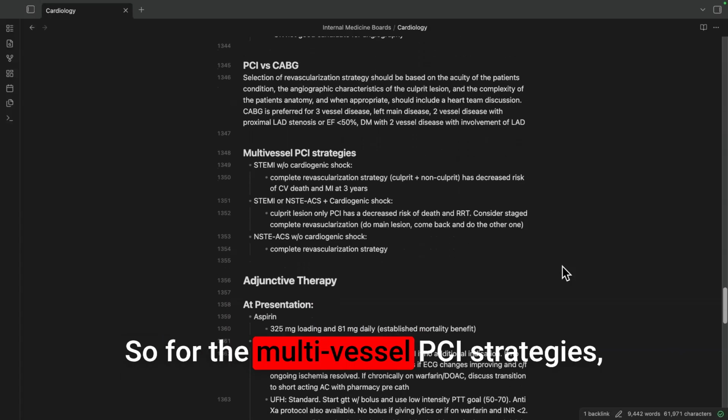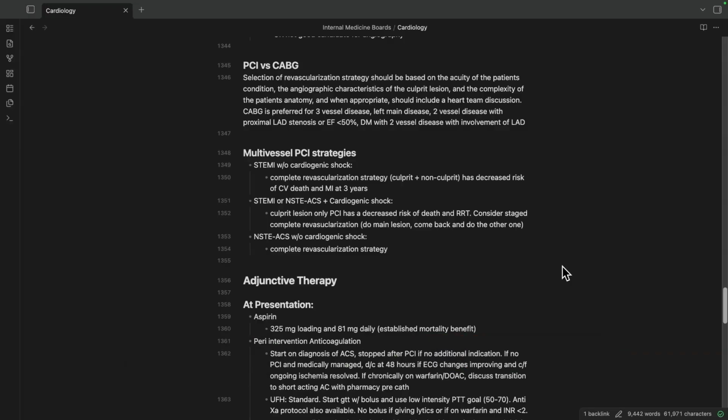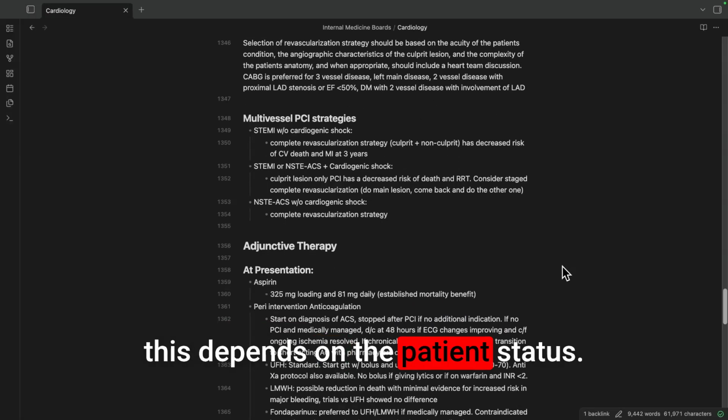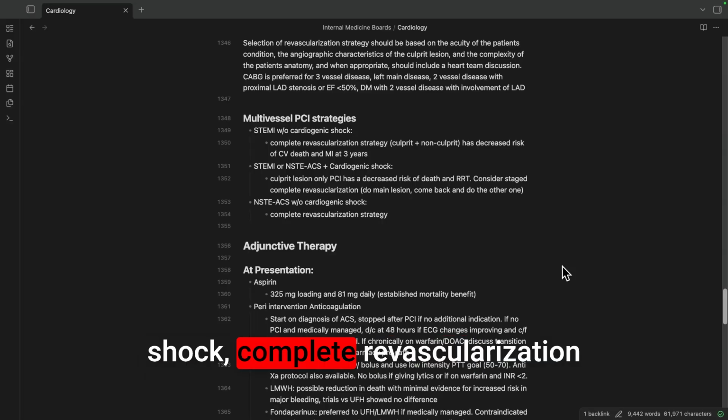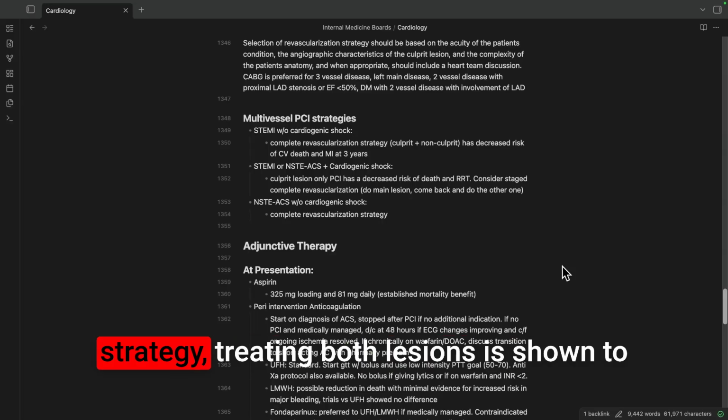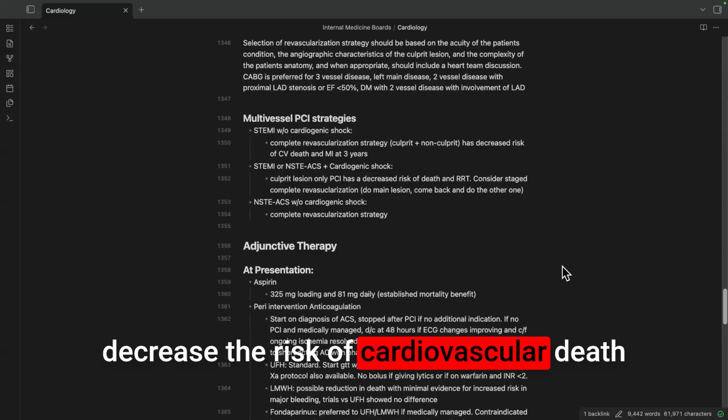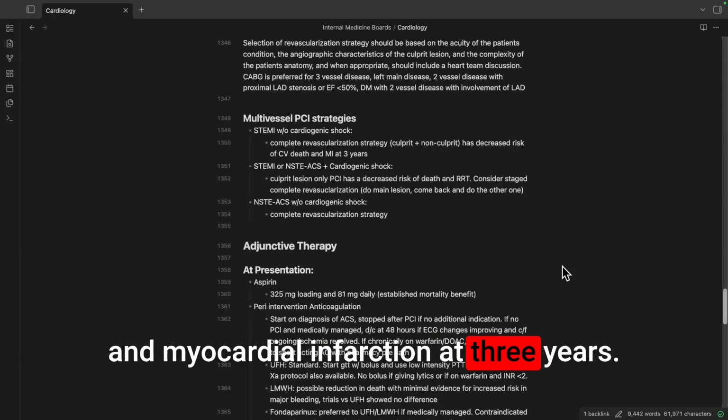So for the multi-vessel PCI strategies, this depends on the patient status. So if they have STEMI without cardiogenic shock, complete revascularization strategy treating both lesions is shown to decrease the risk of cardiovascular death and myocardial infarction at 3 years.